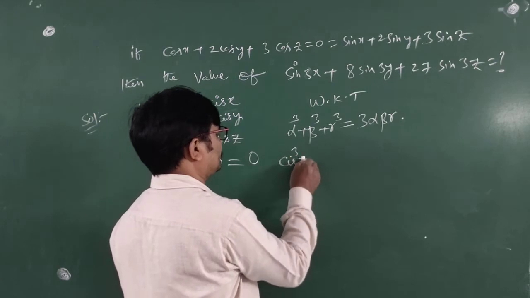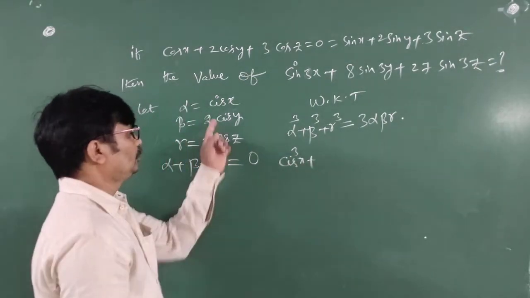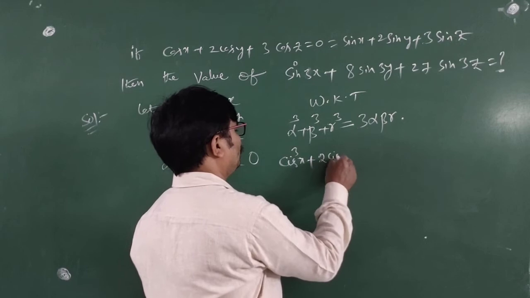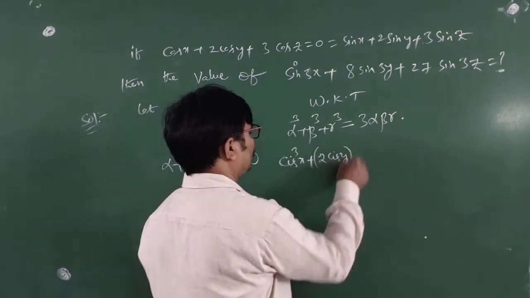So what is alpha cube? e power 3ix. What is beta cube? 2 into e power iy whole cube.